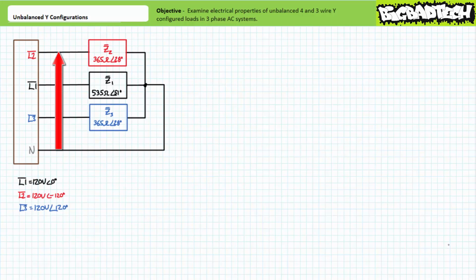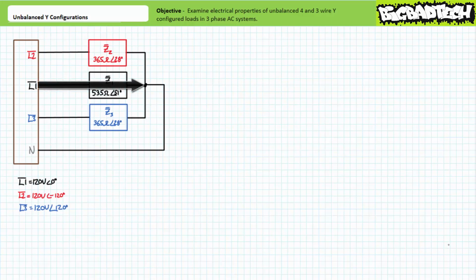It makes sense then that the voltage across load impedance Z2 is therefore 120 volts at an angle of negative 120 degrees. Finally, source L3 establishes a differential of 120 volts at an angle of 120 degrees between L3 and neutral. Load impedance Z3 goes from L3 to neutral. It makes sense then that the voltage across load impedance Z3 is therefore 120 volts at an angle of 120 degrees.